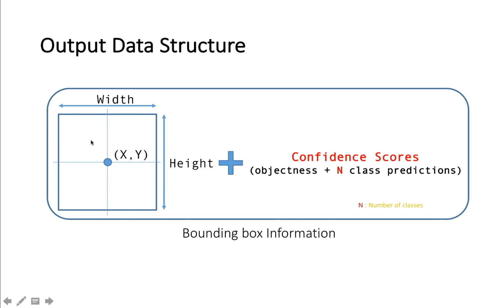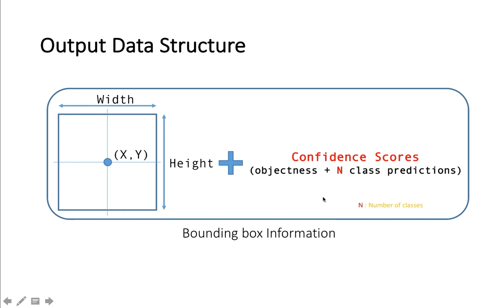The next is the confidence scores, which include n plus 1 values: one for the confidence that the bounding box includes an object, and n is the number of classes. As in this example, the number of classes is 80. 80 plus 1 is 81, and plus 4 is 85.